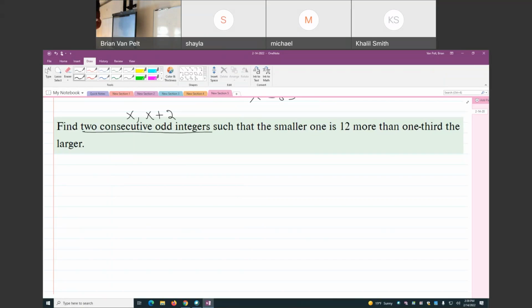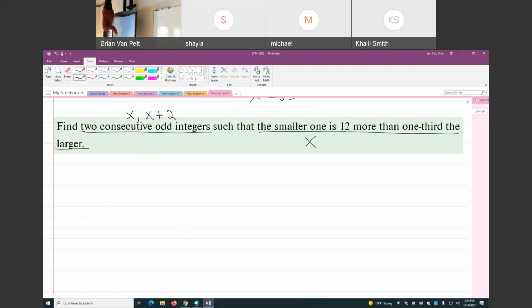Notice that this also tells you a little more than that. It tells you that x is the smaller quantity, isn't it? But you'll need that for the next thing. The smaller one is 12 more than 1/3 of the larger. So which of those two is the smaller one?